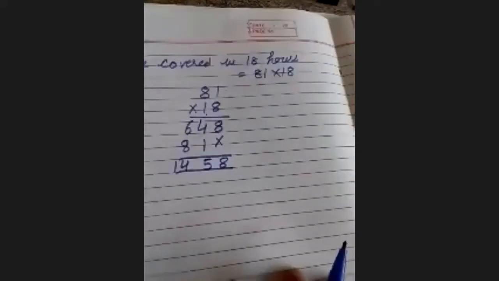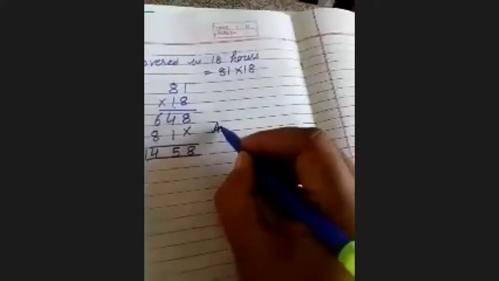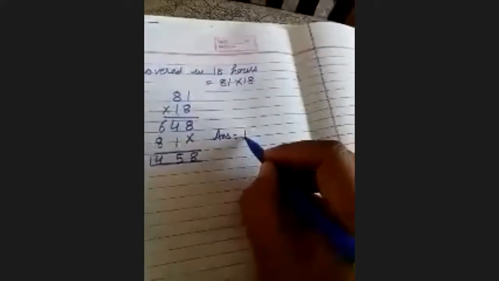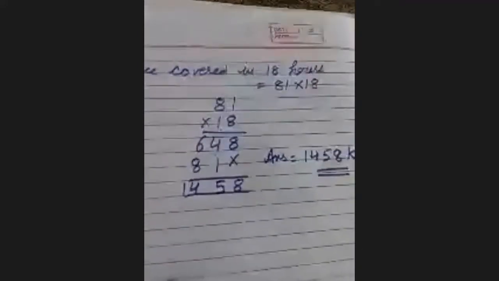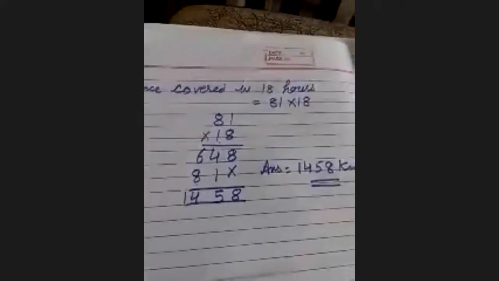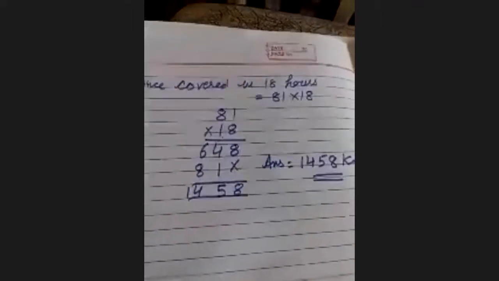So distance covered in 18 hours is 1458 kilometers. So students, this is question number 8.